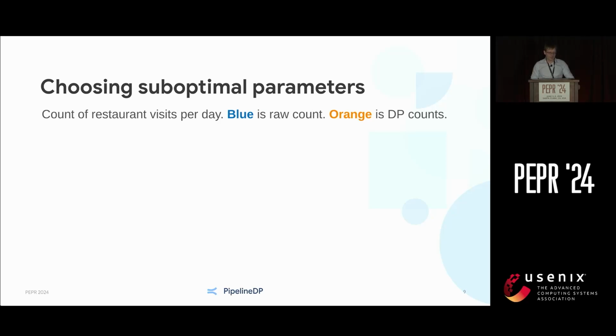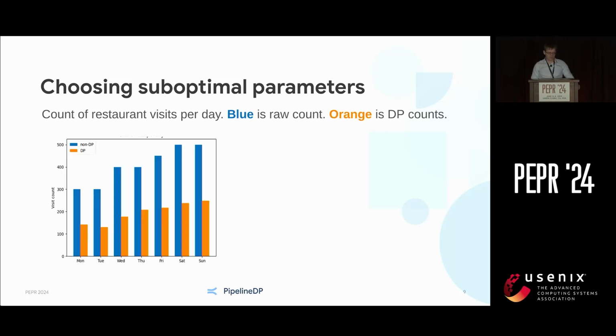So let's illustrate with bar chart plots what would happen if we choose too low a contribution bounding. The blue one is the raw count and the orange one is the output with DP. If you choose contribution bounding that is too low, then sampling will be very aggressive and a lot of data will be dropped.